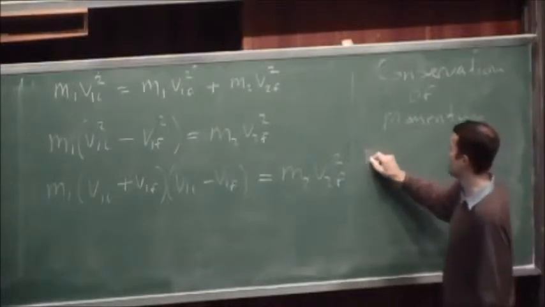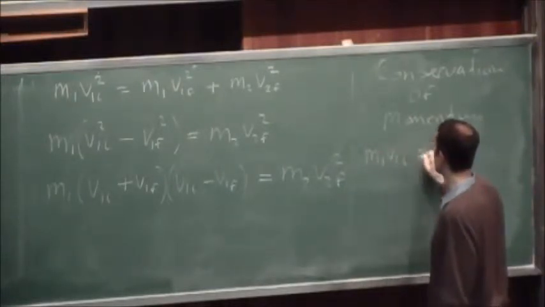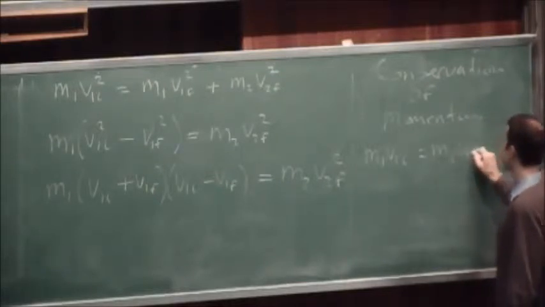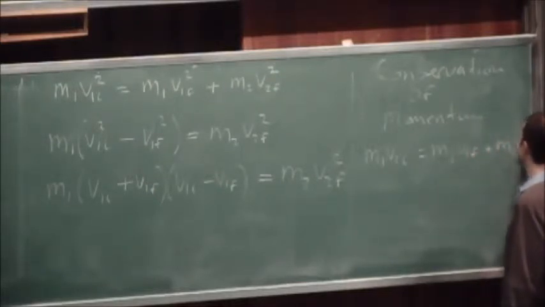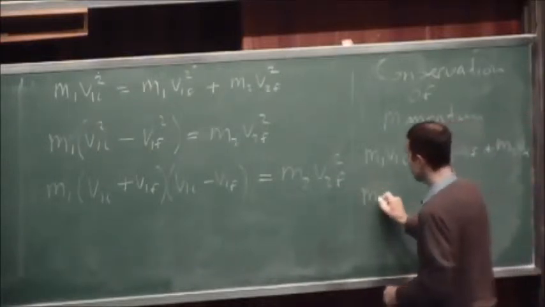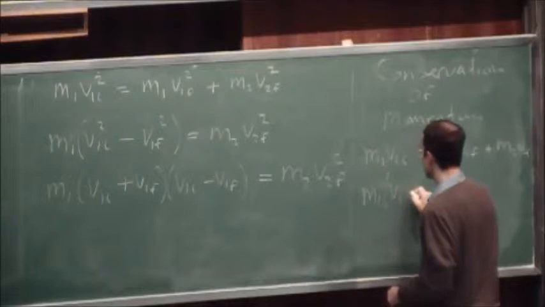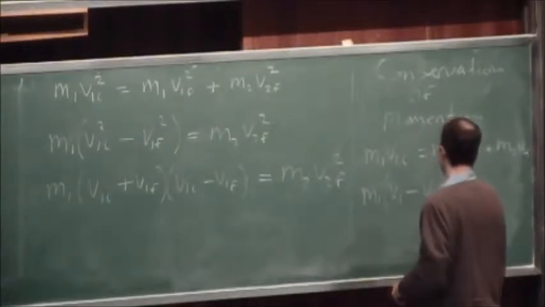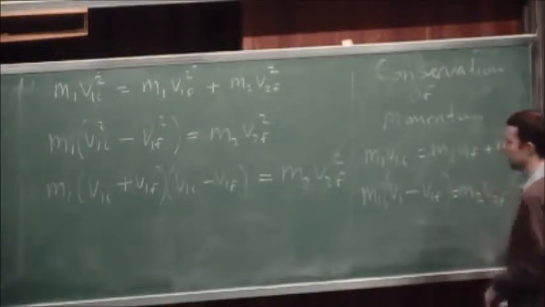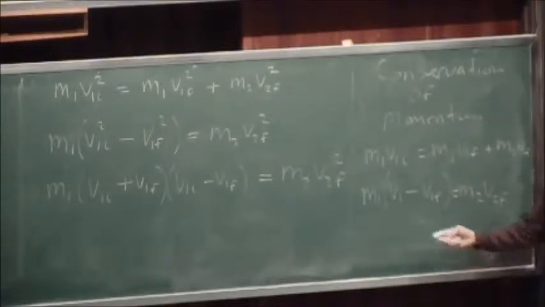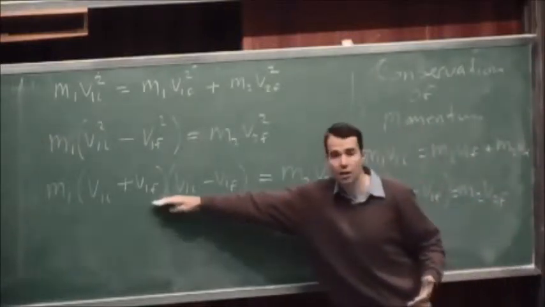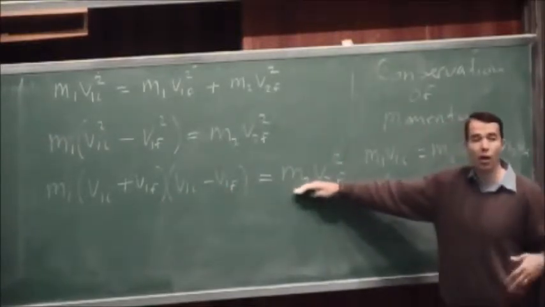So now I have M1 V1 initial is equal to M1 V1 final plus M2 V2 final. I'm going to bring this over again. I get M1 times V1 initial minus V1 final is equal to M2 V2 final. So now I have two equations: this equation for conservation of momentum, and this equation for conservation of kinetic energy.